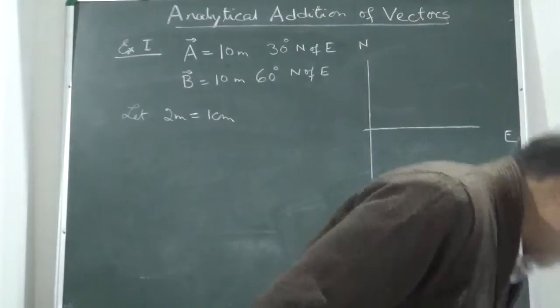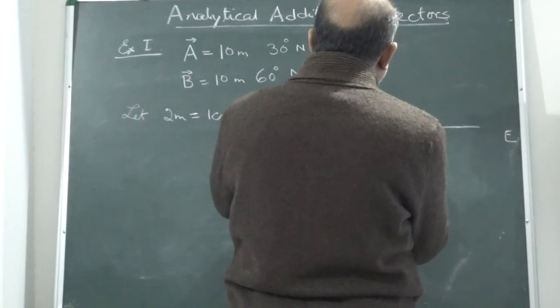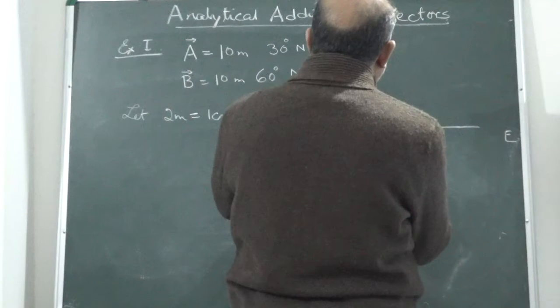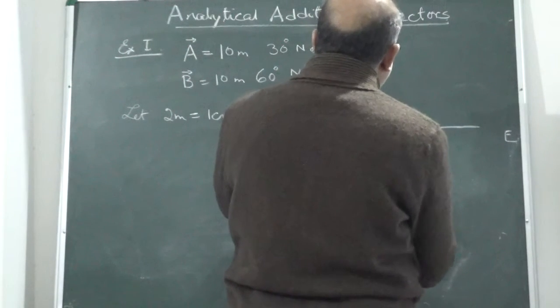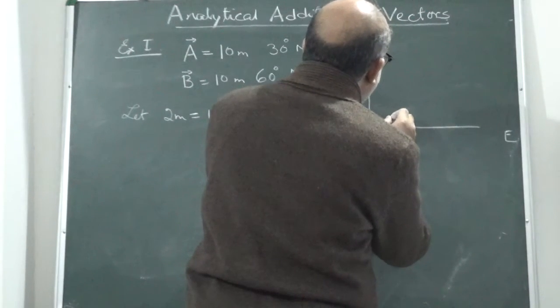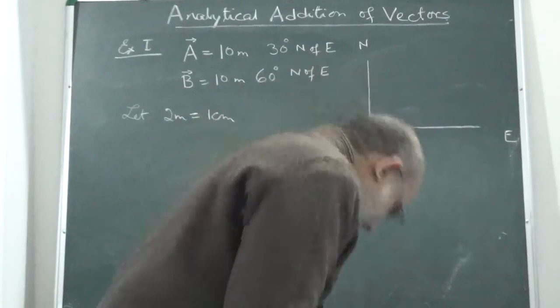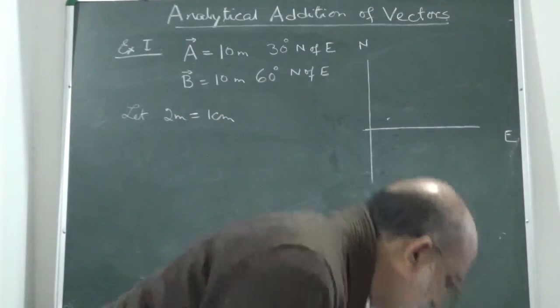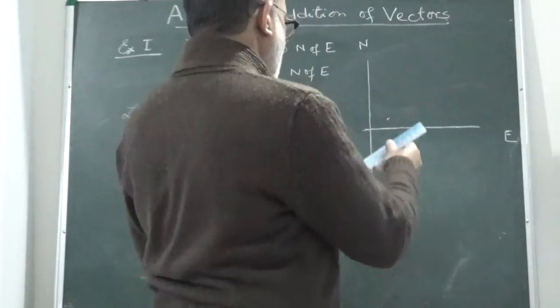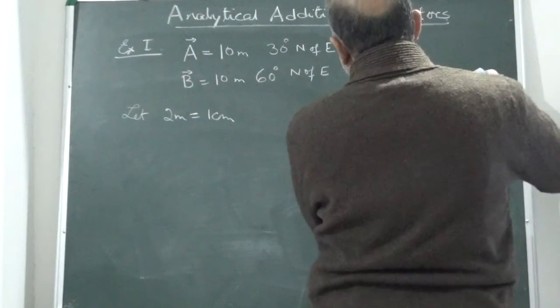So first of all we have to take 30 degree north of east. So 30 degree is here. And we have to draw a 5 inch line.